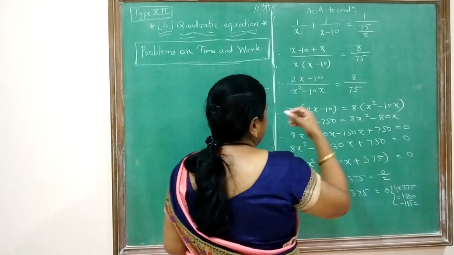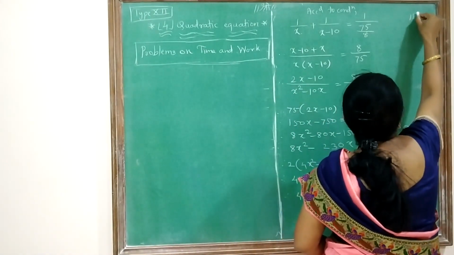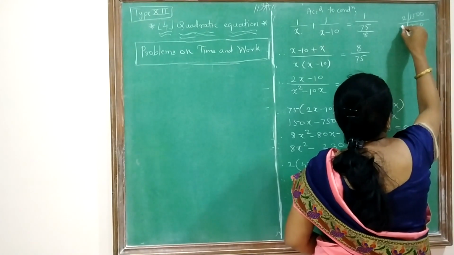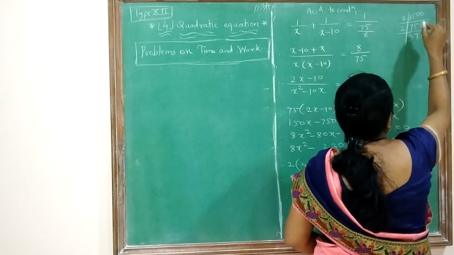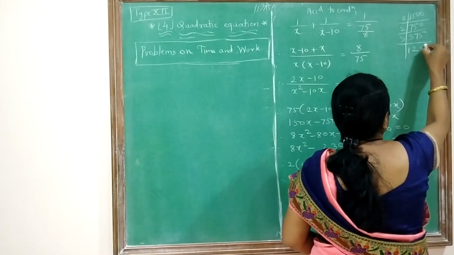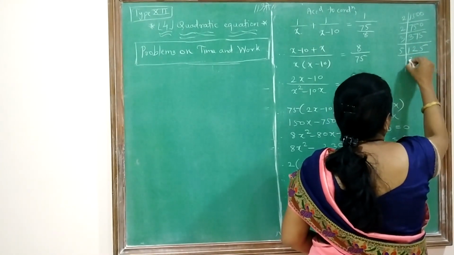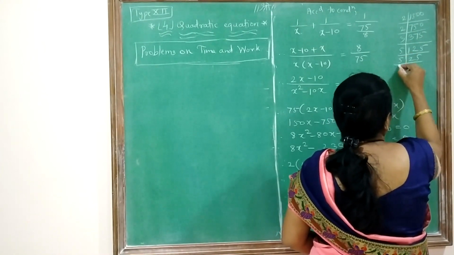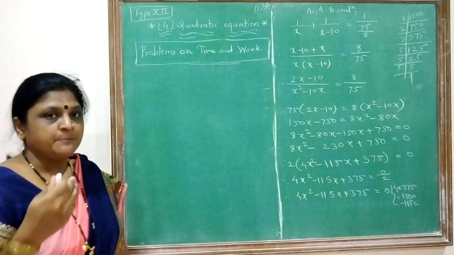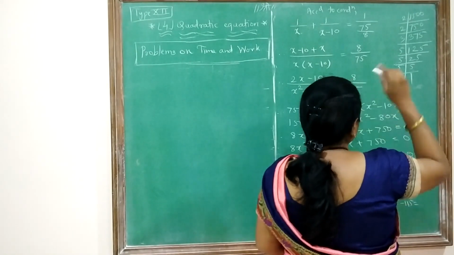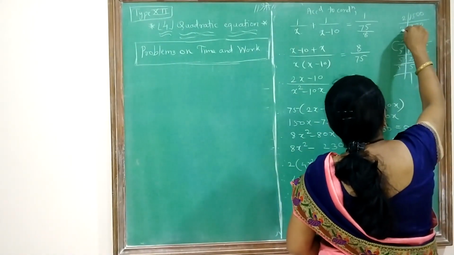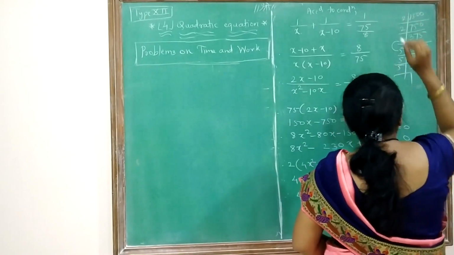Then take the factors of 1500. 5 threes are 15, 5 fives are 25, 25 twos are 50, 50 twos are 100.